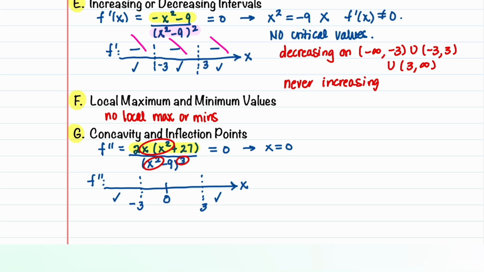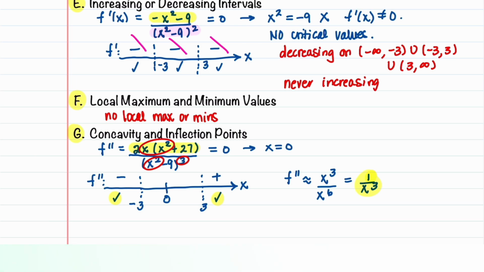So we're going to say that f double prime is approximately x cubed all divided by x to the 6th. That's x squared raised to the 3rd. So this is 1 all over x cubed. So we're going to look at this in this region and in this region. In the region on the left, 1 over x cubed is negative, so f double prime is negative. And in the region on the right, it is positive.